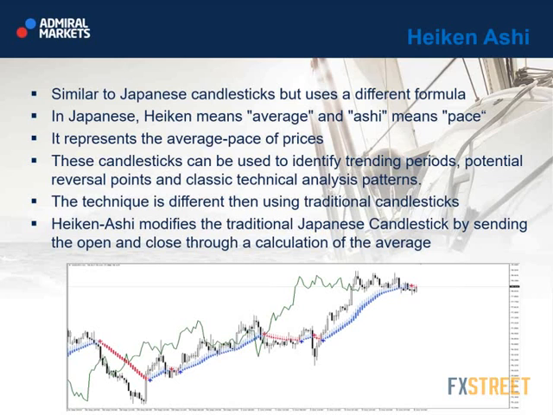That is why Heiken Ashi has its roots in that average. And average is mostly used for trading, not for price action analysis, as you can read on websites such as Forex Street and others. So Heiken Ashi modifies the traditional Japanese candlesticks by sending the open and close through a calculation of the average. Because of that reason, we are using Heiken Ashi mostly for trading.